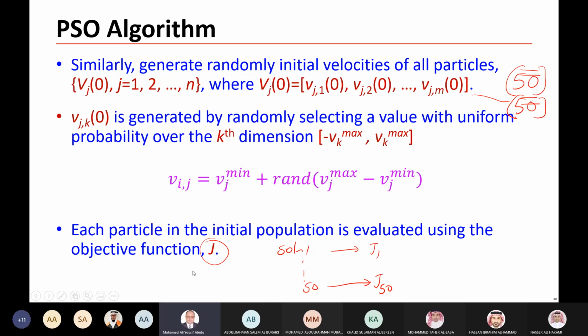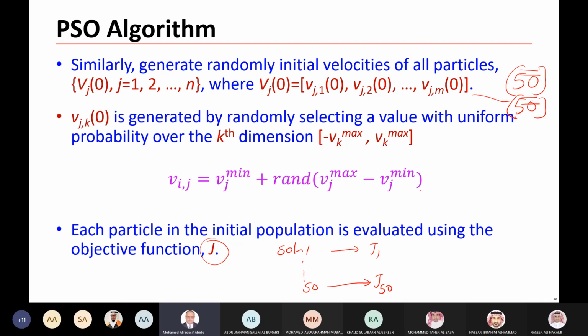So, of course, you can get the minimum, you can know the best, the global best, and each solution here will be at the beginning. We will keep it as the local best. Also for particle number 1, the position that we have is the particle best or individual best at the time being. So all these solutions will be considered as the local bests, and these are the associated objectives.